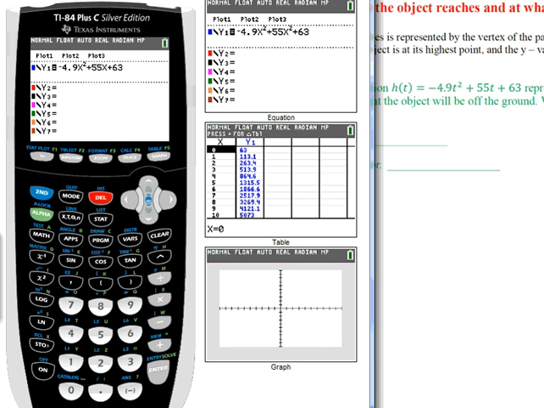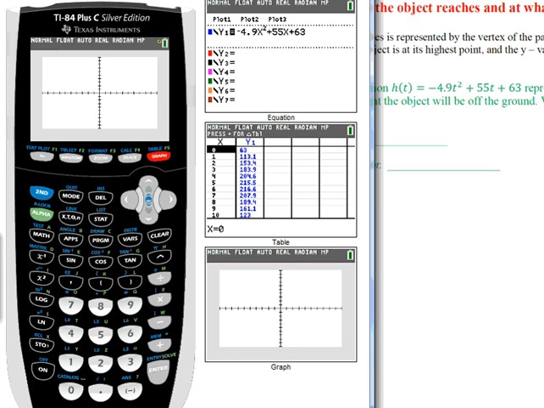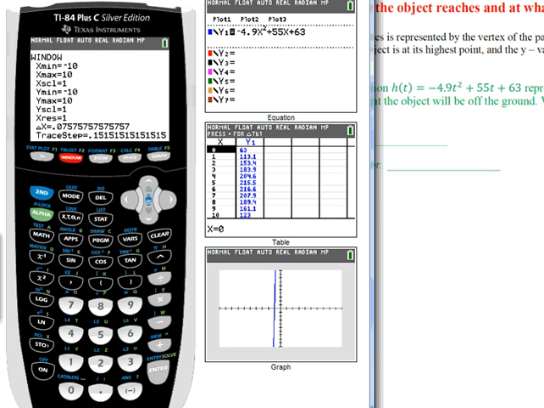Okay, plus 63. But my graph doesn't show anything. That's because I'm looking at only out to 10 in every direction. Where is the graph? It's way up there because remember our starting height is 63. So it's way higher. So everybody go to Window, and we want to make this thing go higher.